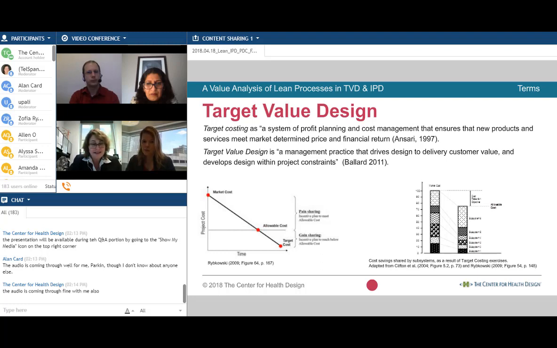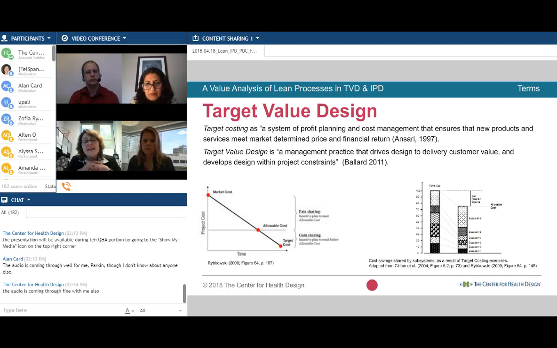Instead of designing buildings that we set out to build and set out to bid and turn out to be much more expensive than the owner can pay for, let's figure out what the owner can pay from the perspective of their business case, and let's work backwards. Let's see if we can now redesign this building and design it to meet those constraints and still produce the kind of value that's necessary to the owner.